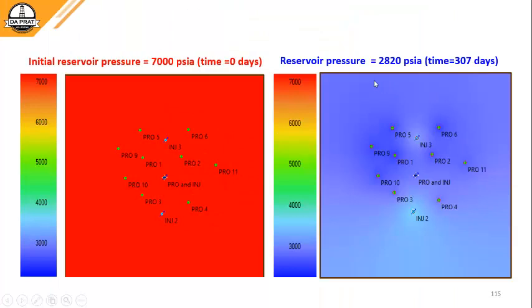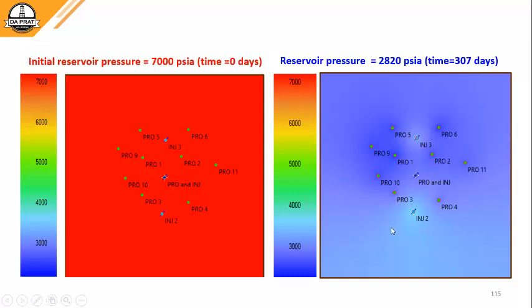And over here, after 307.8, this is our reservoir pressure profile. We may say that the pressure has declined from 7,000 to around 3,000, a little bit less.